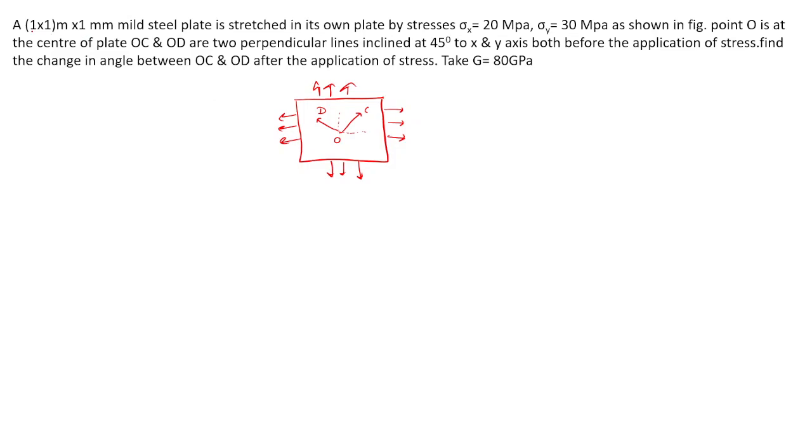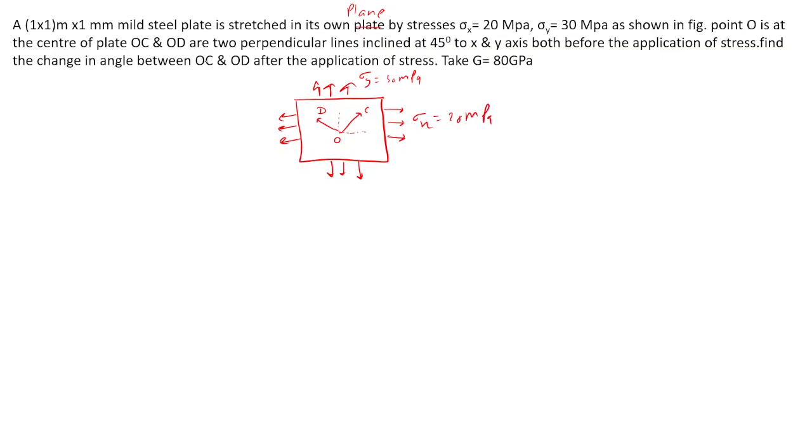So it is a 1 by 1 meter and 1 mm thick mild steel plate stretched in its own plane by stresses sigma x 20 MPa and sigma y 30 MPa, shown in figure.